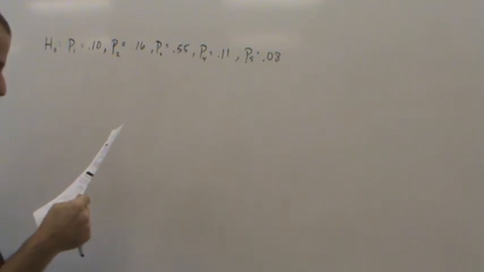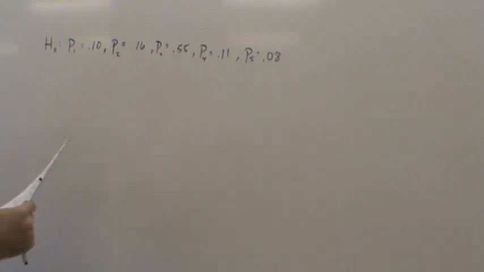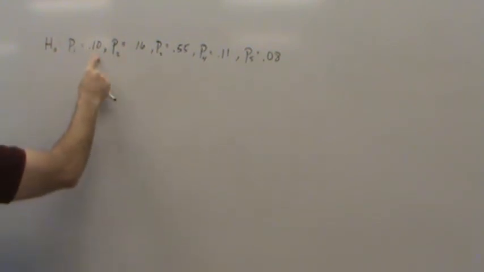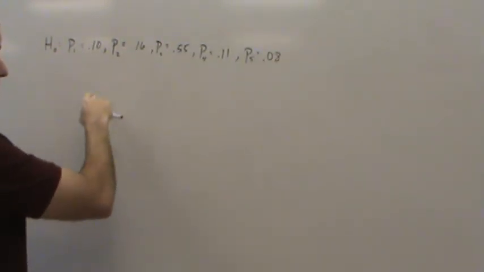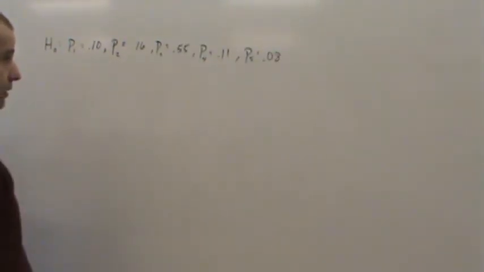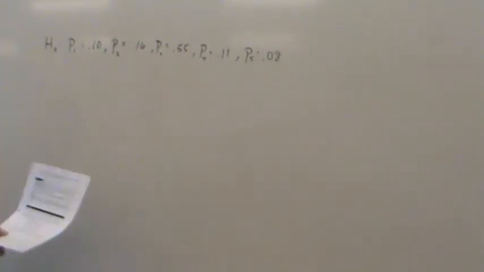It says, at the 1% significance level, does it appear that the distribution of the number of televisions of the far western United States families is different from the distribution for the American population as a whole? So in other words, does the distribution for the number of televisions follow this distribution for far western United States families?